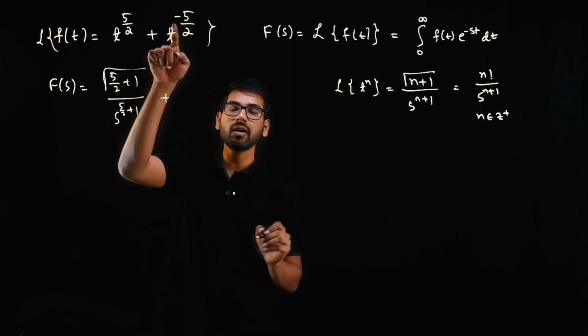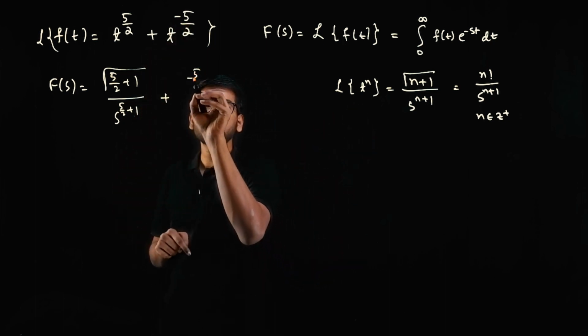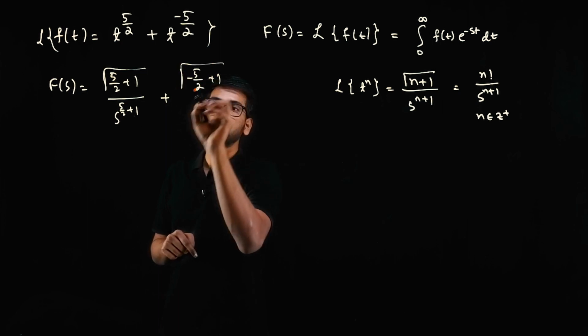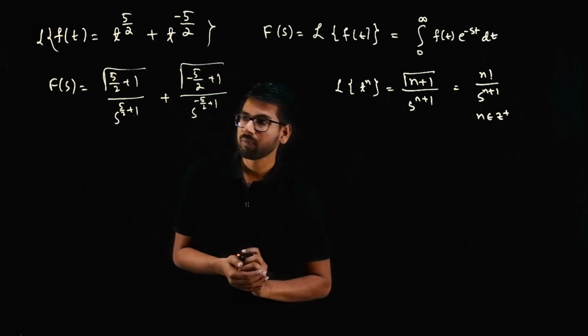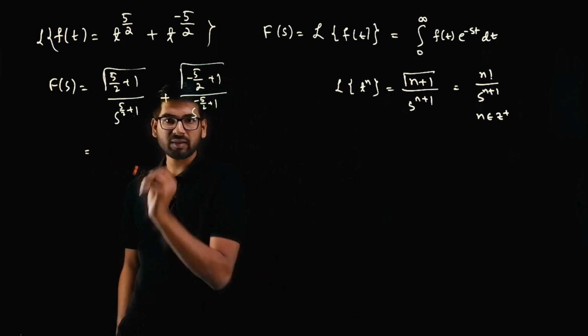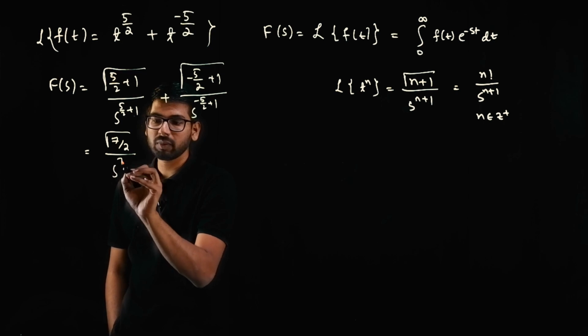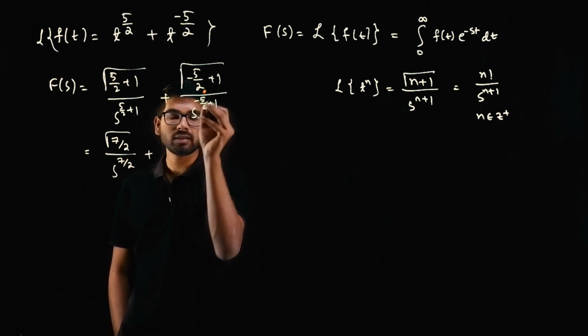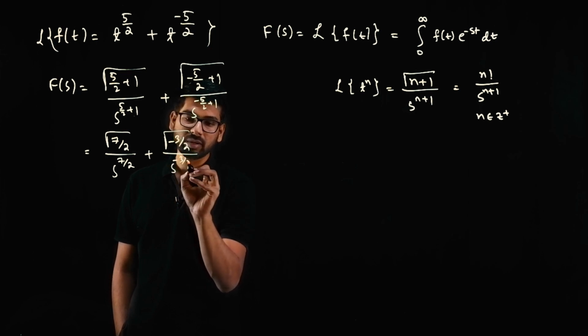Plus, in place of n, I have minus 5 by 2, t power minus 5 by 2. So it is gamma of minus 5 by 2 plus 1 over s power minus 5 by 2 plus 1. If I simplify this, this is gamma of 7 by 2 over s power 7 by 2 plus gamma of minus 3 by 2 over s power minus 3 by 2.